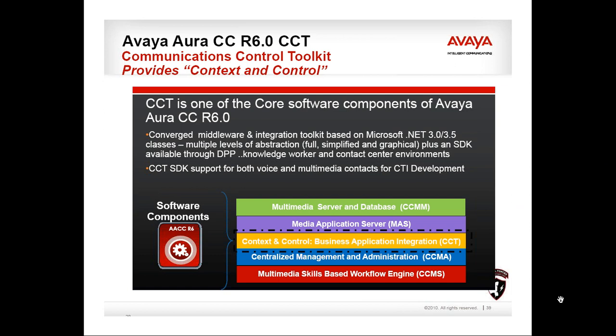Now, what's the difference between CCT and CTI? Well, the biggest difference is your adjunct routing to create that CTI integration goes away. So what does that mean? That means a single segment call flow. That means that your reporting is representing the entire customer contact experience, versus trying to pull the voice side versus the email side versus the instant messaging side, or maybe there are multiple components to the voice side.